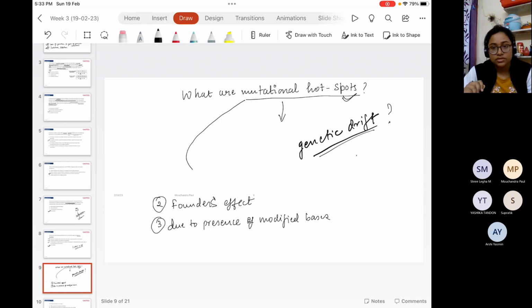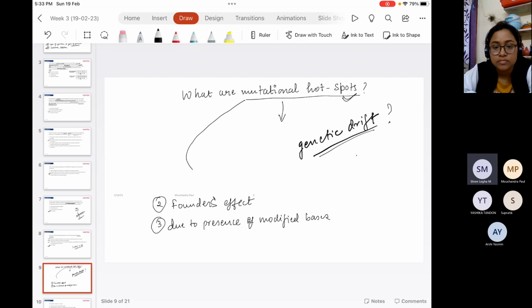Can any one of you answer? Shri, can you answer? What do you mean by genetic drift? Drift, and then genetic. The term itself explains what it could be.